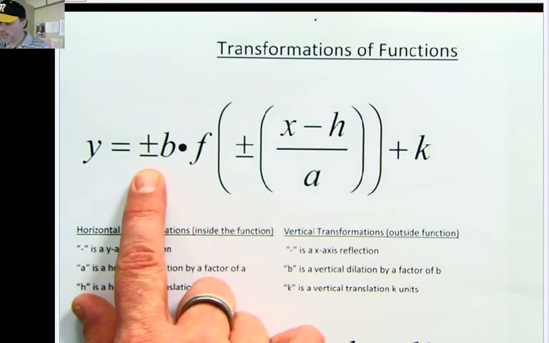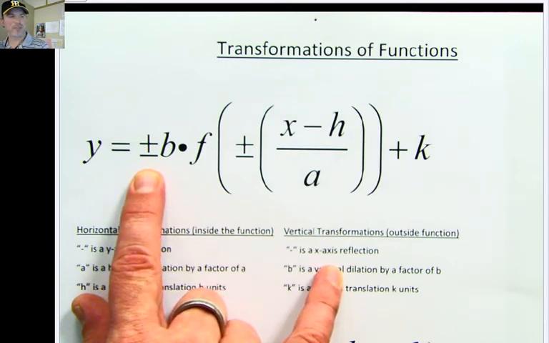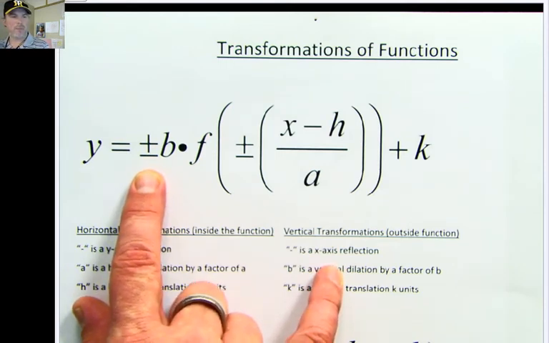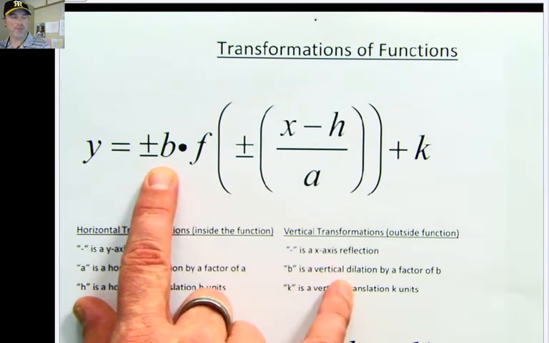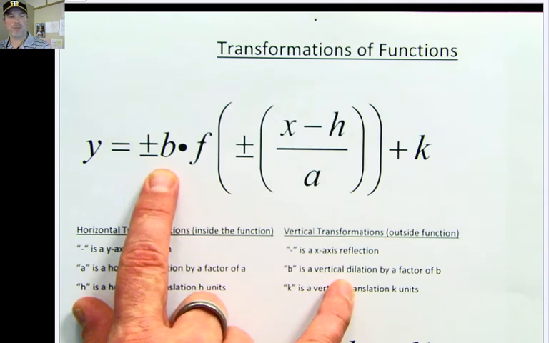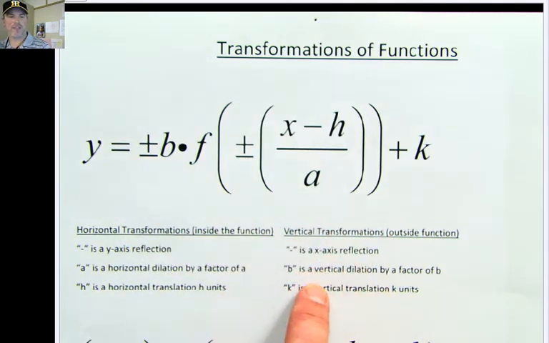This positive or negative out front, if it's negative, gives you an x-axis reflection. If you are multiplying the function by a number b, that would be a vertical dilation by a factor of b. The plus k on the end is a vertical translation of k units.